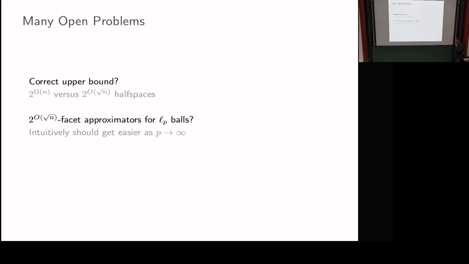Maybe an easier question is to generalize the construction for LP balls. This should certainly be easier, but we don't know how to do it. And another question which we can't say anything about right now is approximating convex sets by a small number of points, that is, by small vertex approximators.